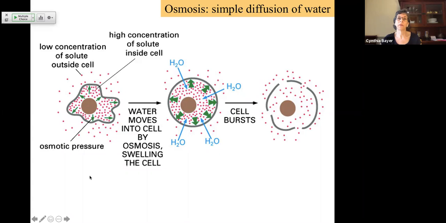And that's why our cells are floating around in bodily fluids that are similar in ionic strength, similar in solute concentration. Outside is similar to the concentrations inside.